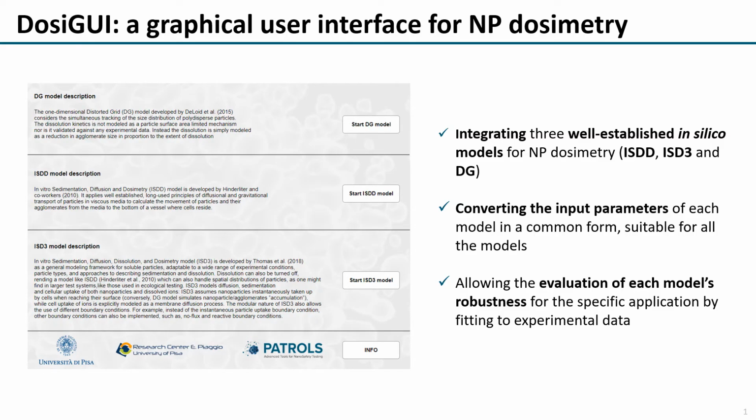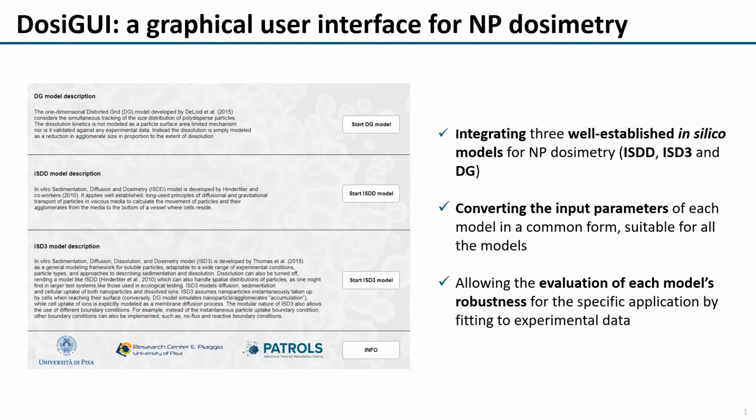Now we move to the in vitro dosimetry, and here we also generated a software, and recently there was a workshop to show you how to use it. The model for in vitro dosimetry consists of actually 3 peer-reviewed models: the ISDD, the ISD3, and the DG model.